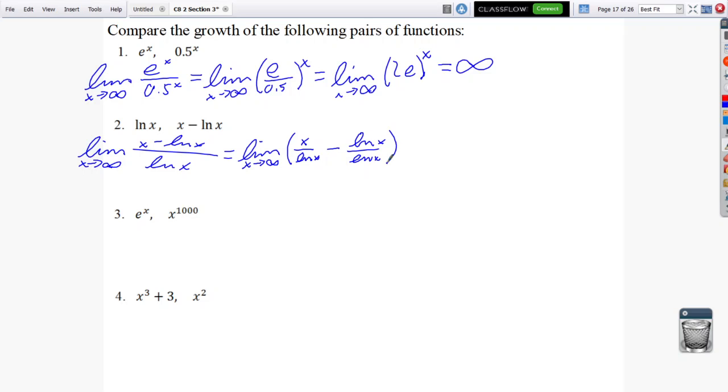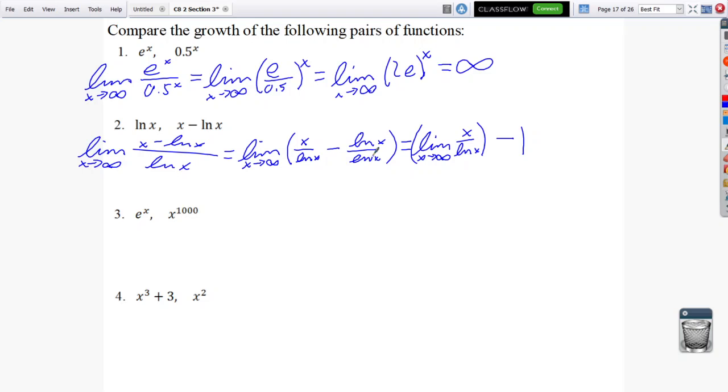I'm going to try to show an excessive amount of work so that I can make sure that this is perfectly acceptable. So this is going to become limit as x approaches infinity of x over ln of x minus 1. Again, 1 is a constant, so it can come out of the limit there.